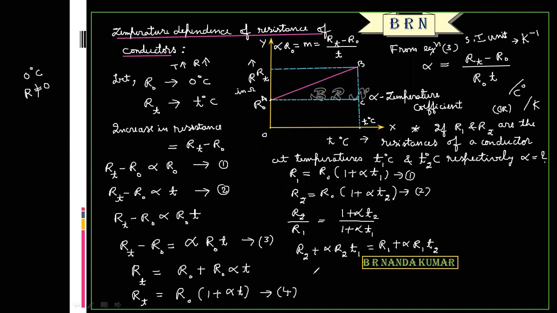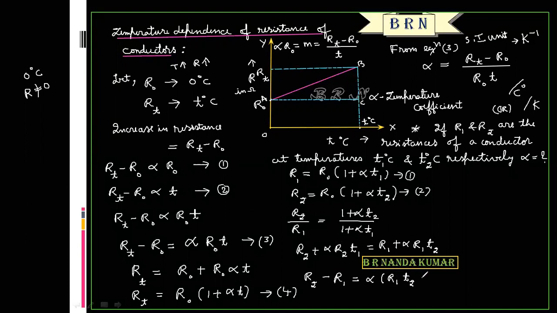Now R1 is shifted to the LHS, so R2 minus R1 equals alpha R1 T2, and shifting alpha R2 T1 to the RHS, minus alpha R2 T1.